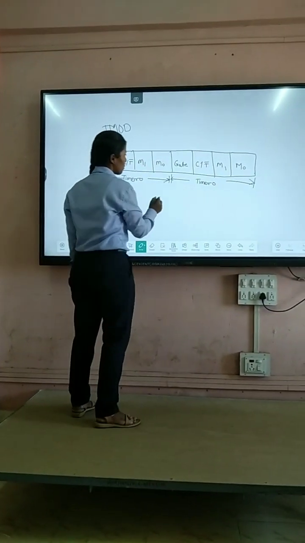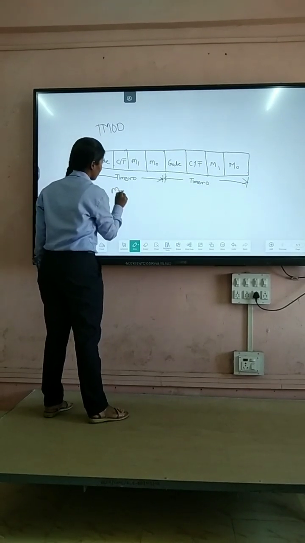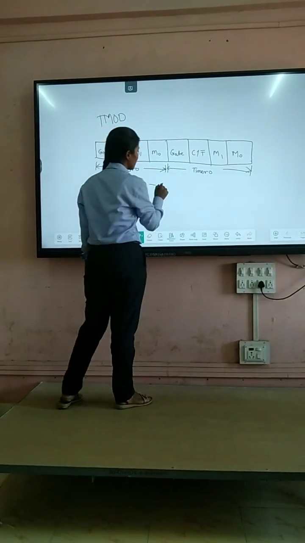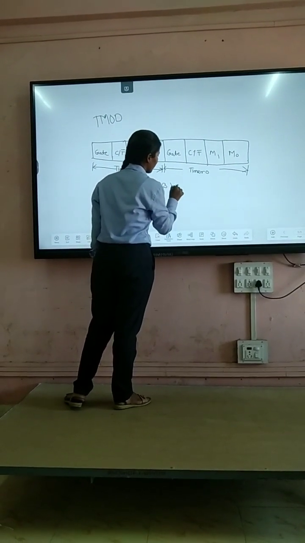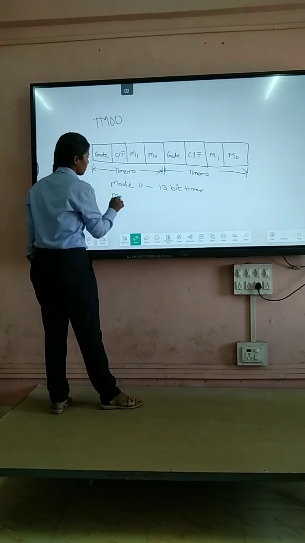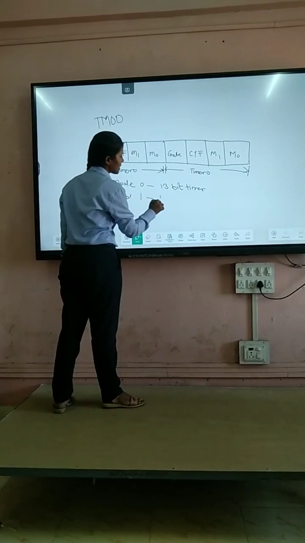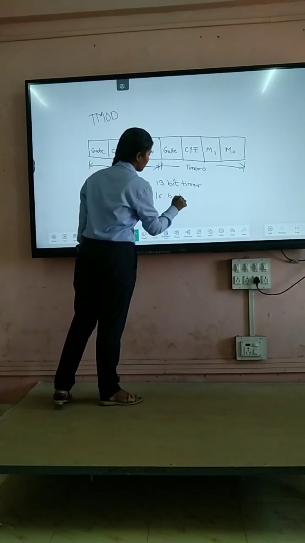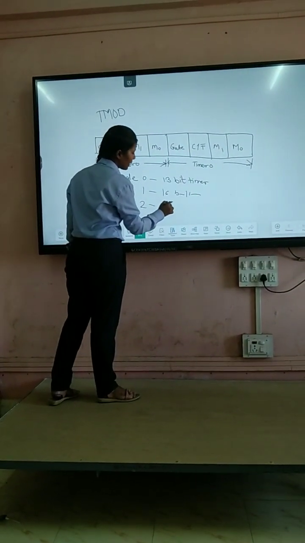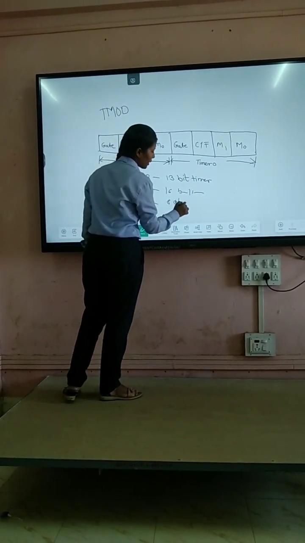First is mode 0. Mode 0 is a 13-bit timer. Second is mode 1, it is a 16-bit timer. Third is mode 2, it is 8-bit auto reload.